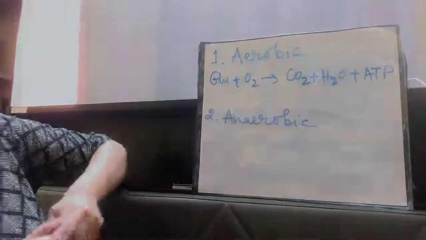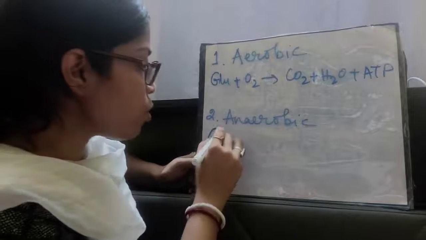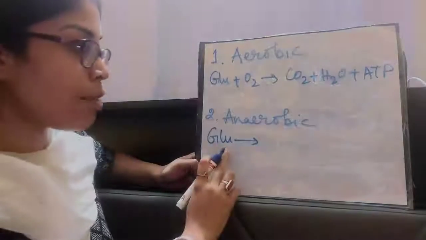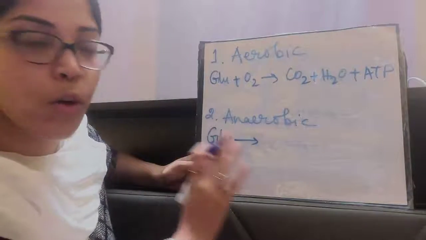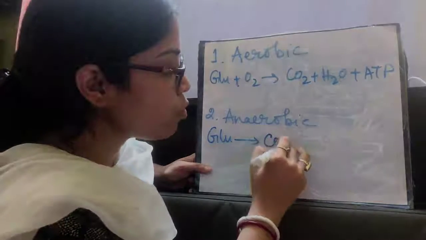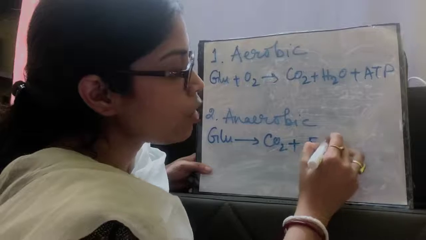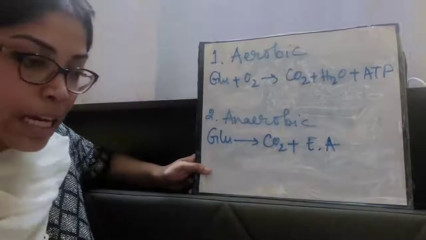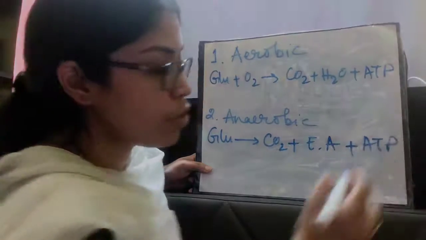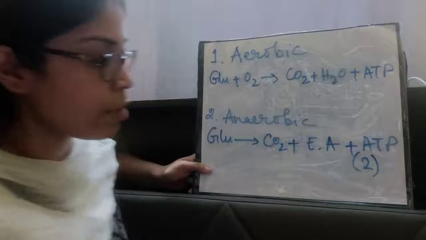Let's see how this equation looks. This is glucose in absence of oxygen. I will not write plus O2 here because oxygen is not present. So what happens? CO2, carbon dioxide, is produced, plus ethyl alcohol, EA I am writing in short, plus ATP, energy. How many molecules of ATP? 2 molecules of ATP.